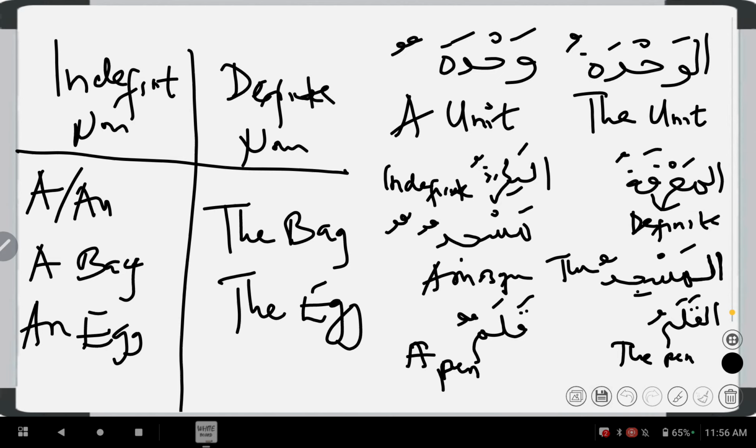For example, if a word is a proper noun, a name of a person, regardless of whether it starts with alif and lam or ends with tanween, it is definite already. That is al-ma'rifa. Muhammadun, Khalidun.